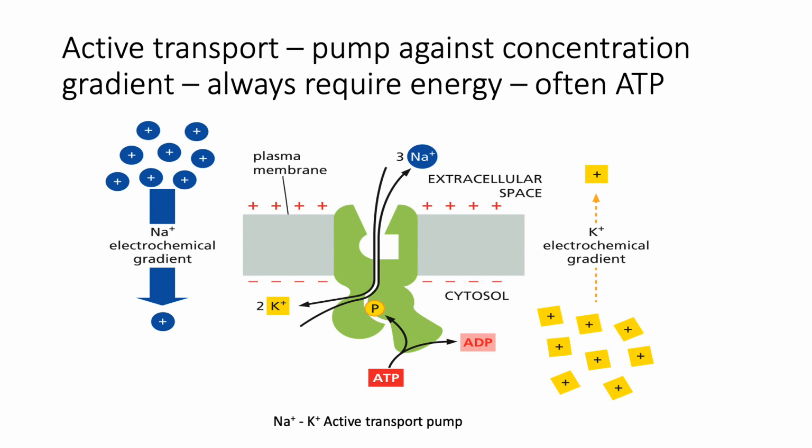But in this one, both ions are being moved against the concentration gradient. So we have sodium is high on the outside, potassium is high on the inside, and every time there's a movement of the pump through the hydrolysis of ATP, which is the energy source, we get more potassium coming into the cell and more sodium going out of the cell, both of those moving against the concentration gradient.